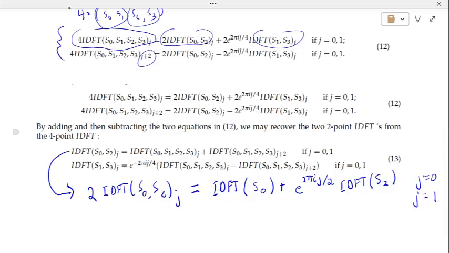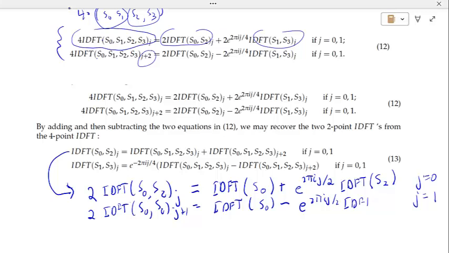Here, I'm going to do an analogy of this equation. This will be 2 IDFT of S0, S2, and this is going to be, again, the j plus 1 equals IDFT of S0, and then this is going to be minus e 2 pi I j over 2 now. This is going to be IDFT of S2.